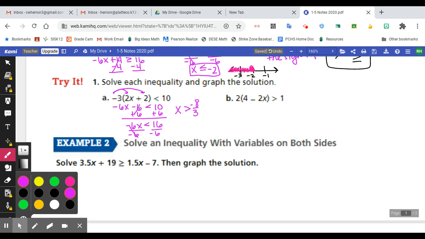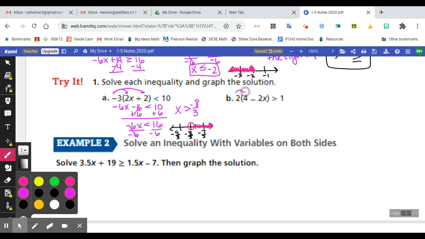Okay, and if I want to graph it, okay, nice and easy. So this would be -9/3, -8/3, -7/3. All right, I'm going to have an open circle on 8/3 because it is not equal to in our symbol, and greater than means I shade to the right. Okay, good job.